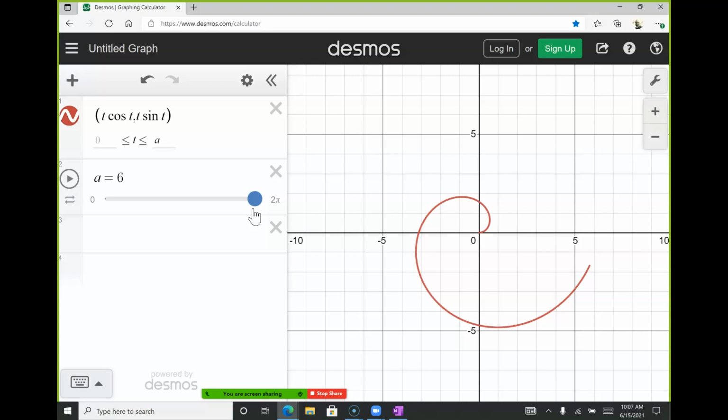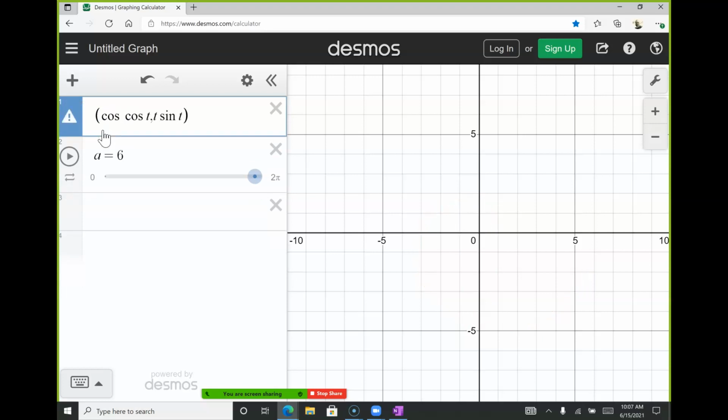So this is one of the beautiful things about it, and we get real nice ones if we put in like cos of t times cos of t. Oh, it doesn't like it.